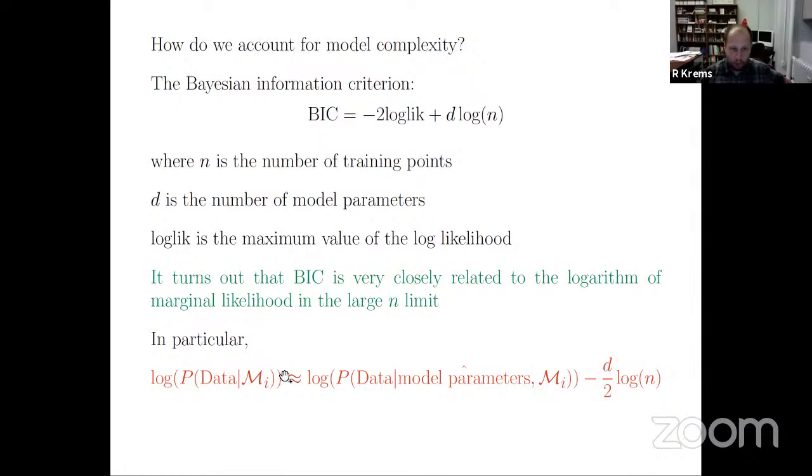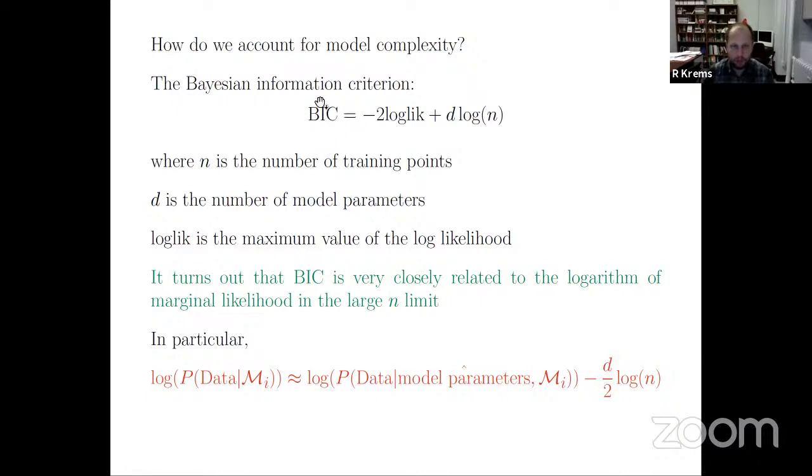One is that the marginal likelihood actually accounts for the model complexity, so that's why it is a good metric to compare different models. And number two, this quantity is analogous to BIC, because if I take this equation and multiply it by -2 on both sides, then I would have -2 log likelihood here, plus D log N. So basically, -2 of that is equal to BIC.